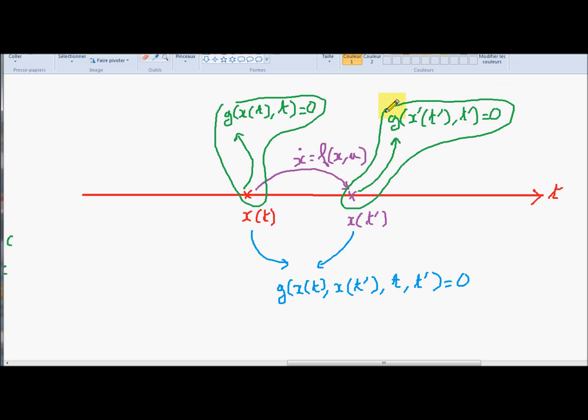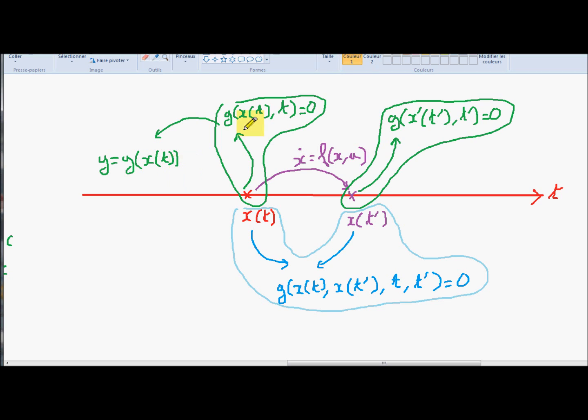Now you have an equation which links the state at time t and the state at time t prime. Okay, again, this equation could also have been written y equal g of x and t, but here I decided to write an equation like this just for simplification, but it's the same.